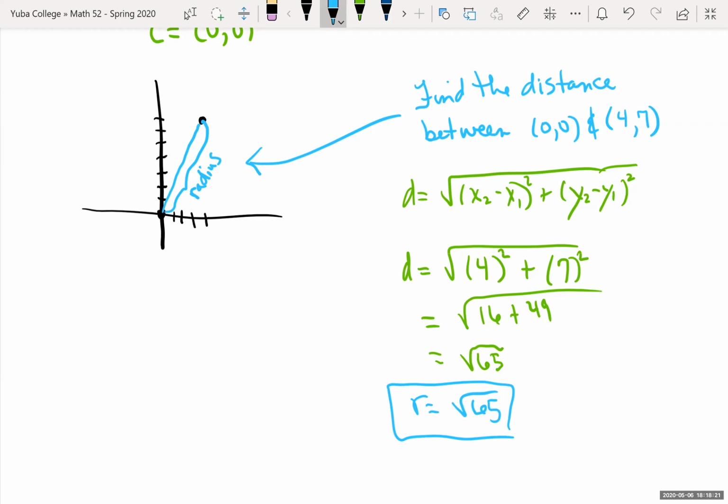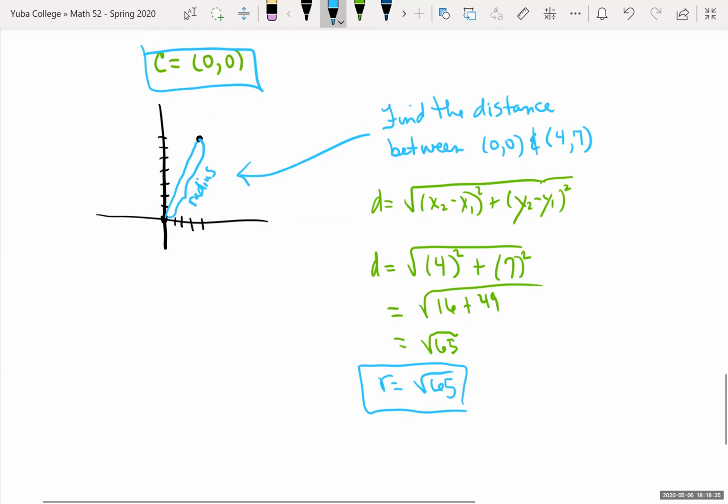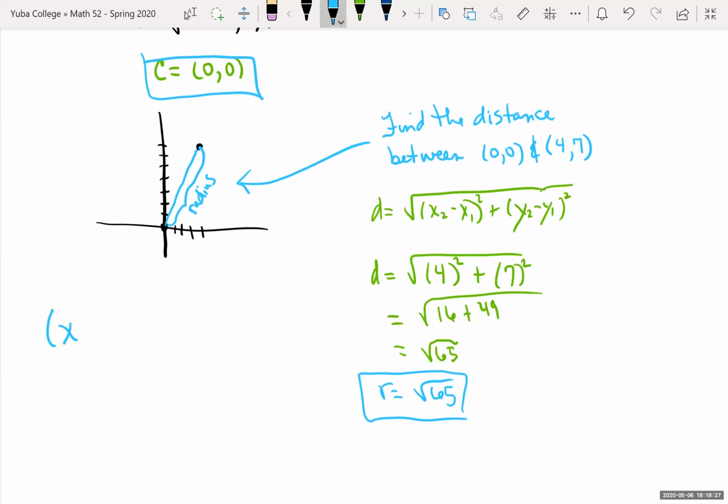I know my center is (0, 0). And I know the form of a circle in standard form is (x minus h) quantity squared plus (y minus k) quantity squared equals r squared.